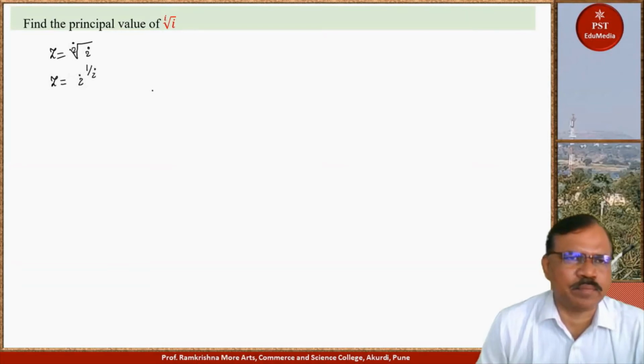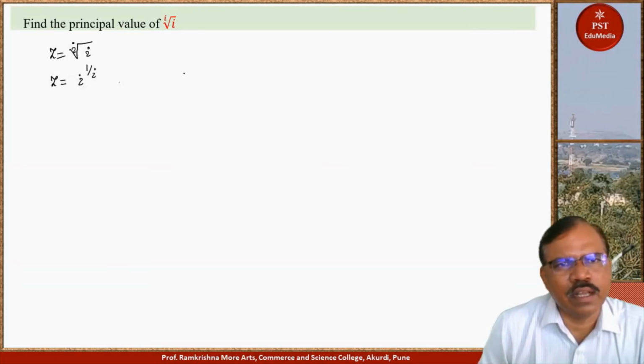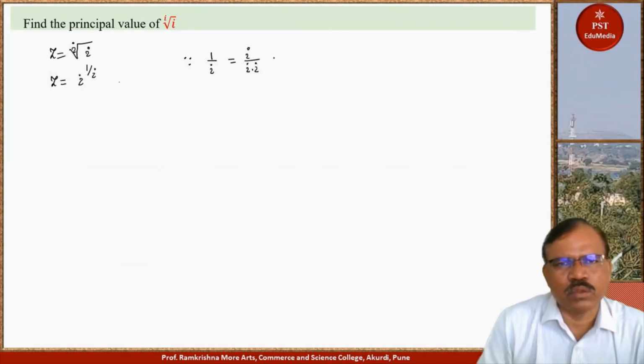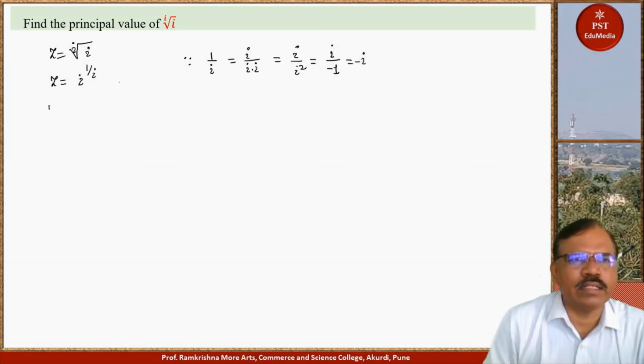Now here we know 1 upon i, we can write i upon i into i, so just multiplied and divided by i. So we get here i upon i square, that is i divided by minus 1. So it is minus i. So I can write Z is equal to i raised to minus i.